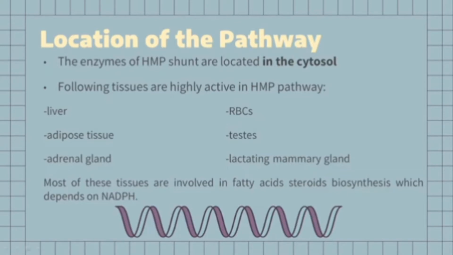The adrenal gland produces hormones that help regulate your metabolism, immune system, blood pressure, response to stress, and other essential functions, while the RBC carries oxygen from our lungs to the rest of our bodies, and the testes are responsible for making testosterone, the primary male sex hormone, and for producing sperm.